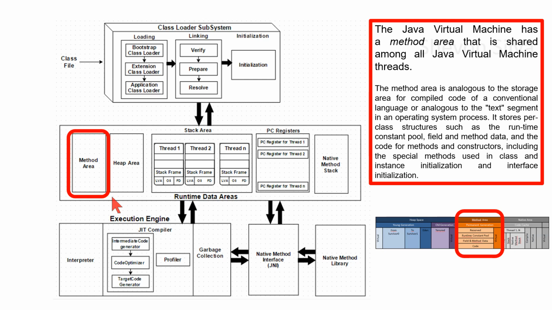It stores per class structures such as the runtime constant pool, field and method data, and the code for methods and constructors, including the special methods used in class and instance initialization and interface initialization.